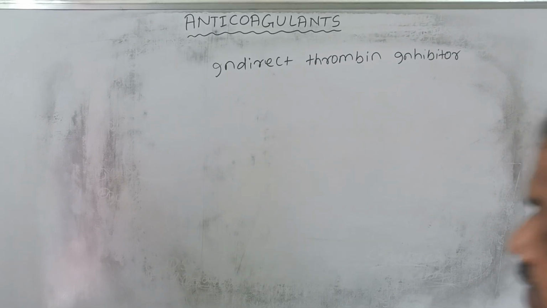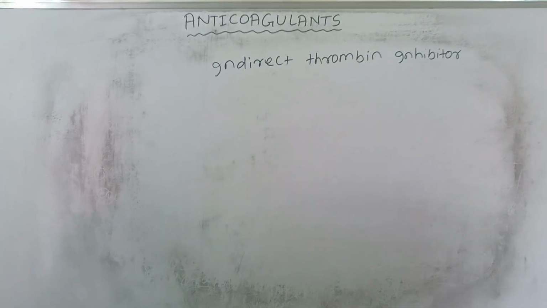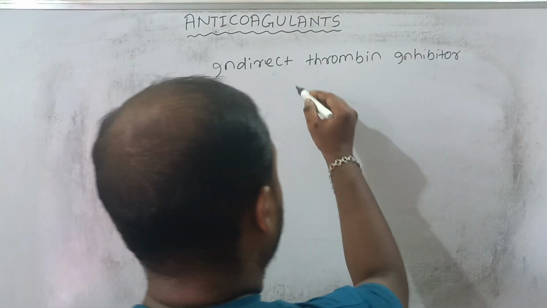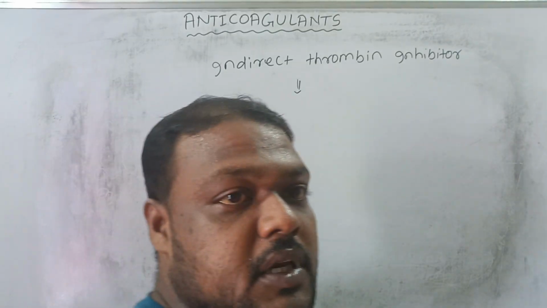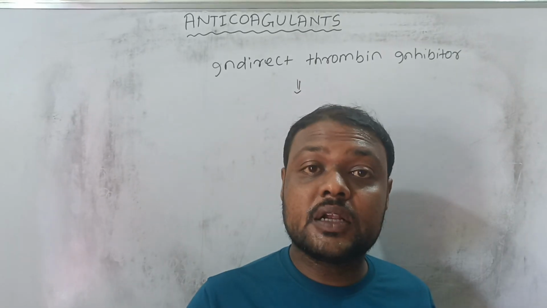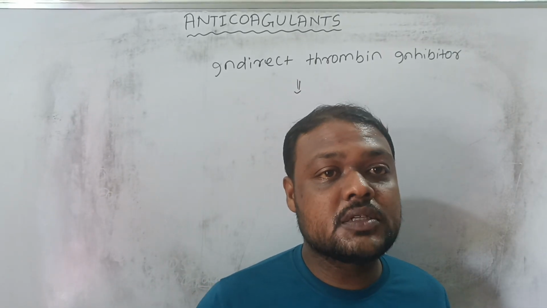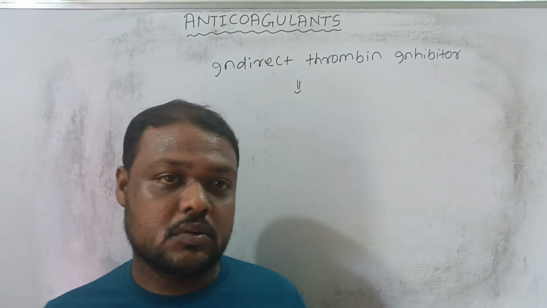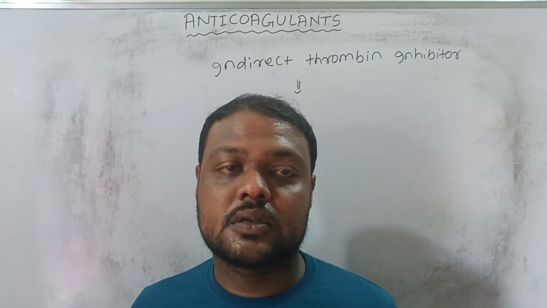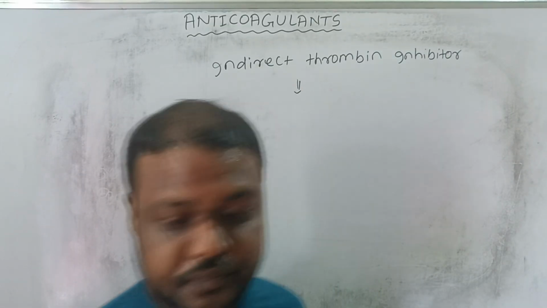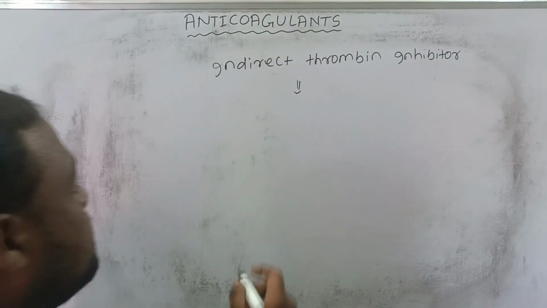Under the indirect thrombin inhibitor there are two medications. First one is the UFH.